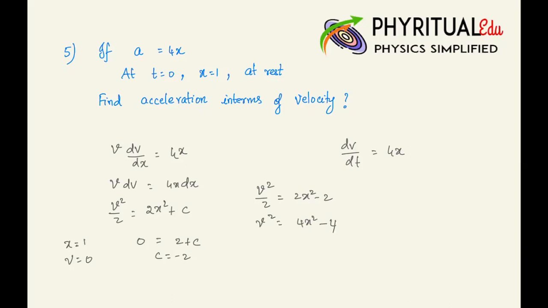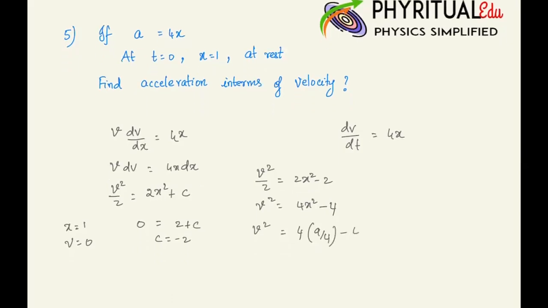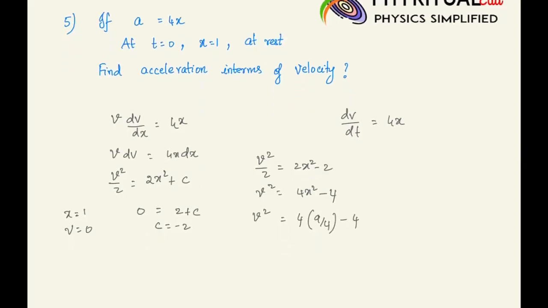Now in place of x, you put a by 4, you will get the av relation. So let's do that. v square will be equal to 4 times, in place of x, we'll put a by 4, that is what is given in the question, minus 4. We got the av relation. Now we'll simplify it. I need to square it, so v square will be equal to a square by 4 minus 4.